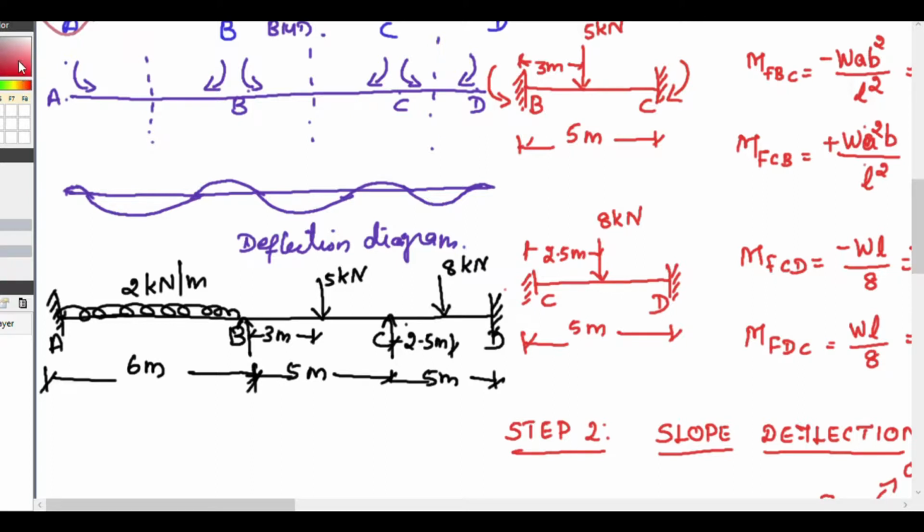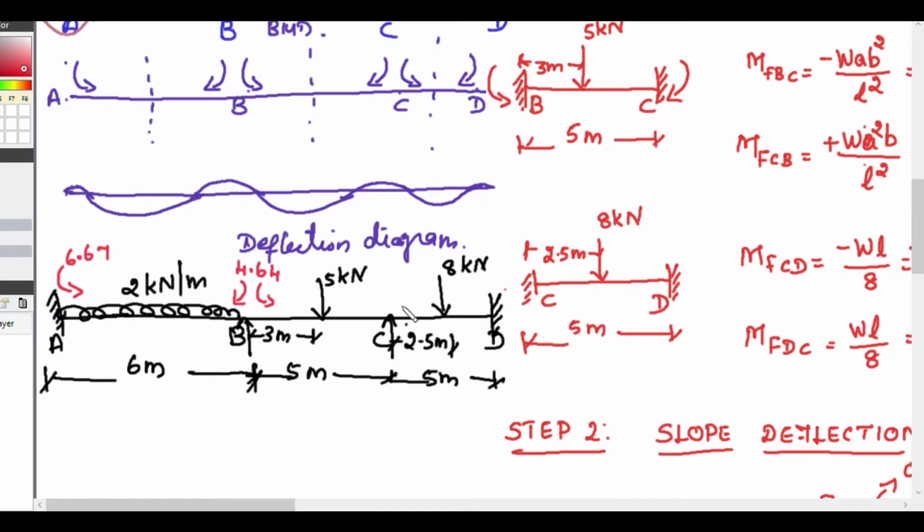So our final end moments are: here it is minus, anti-clockwise, so this is 6.67. At B we have the moment as 4.64.